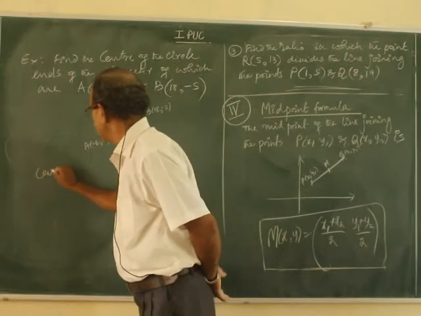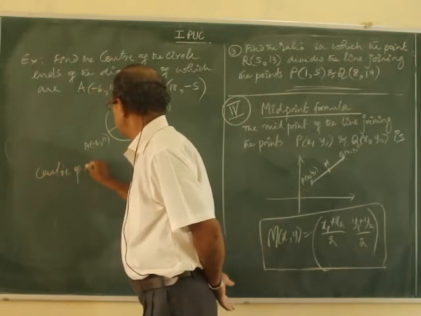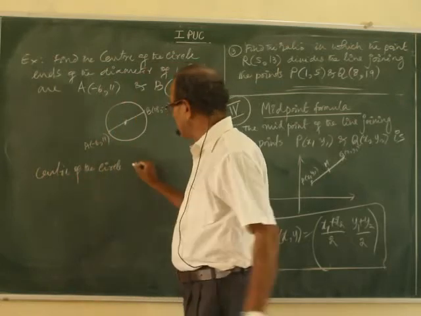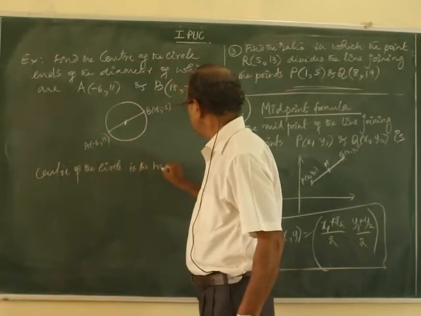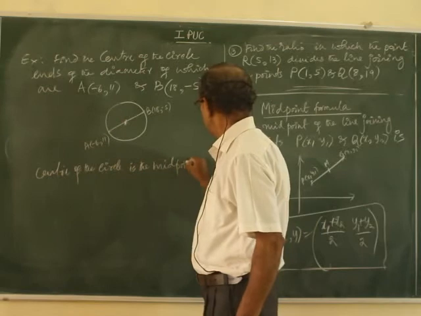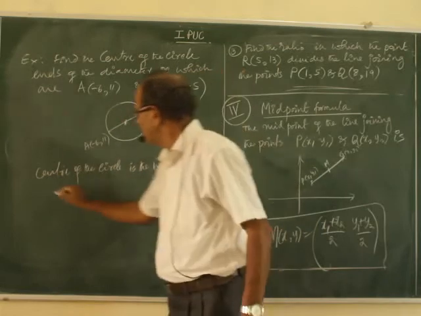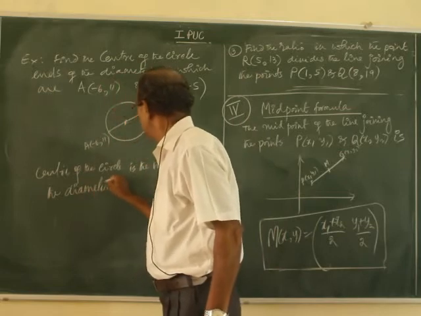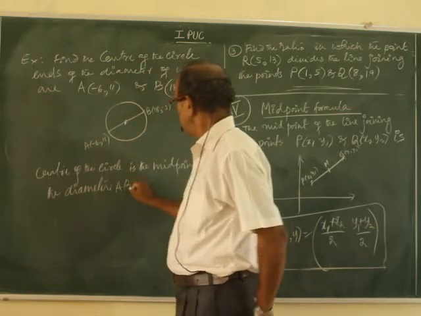So, center of the circle is the midpoint of the diameter AB.